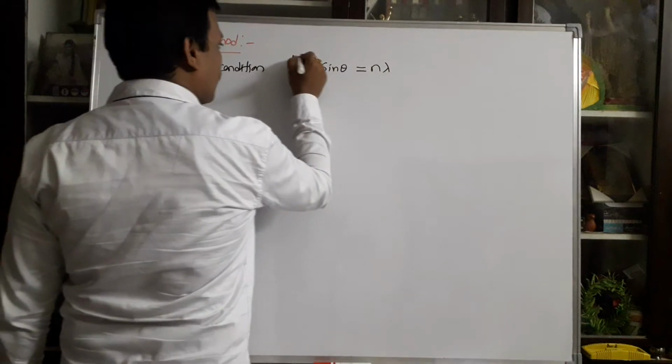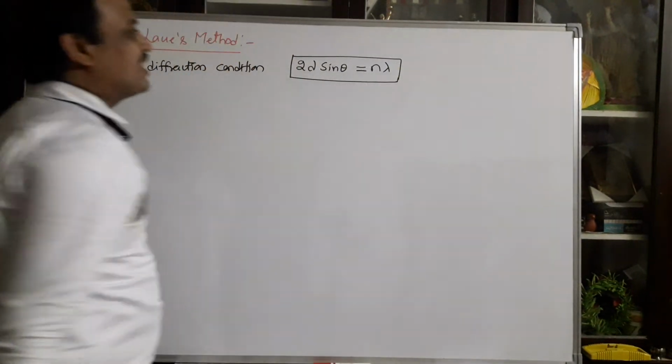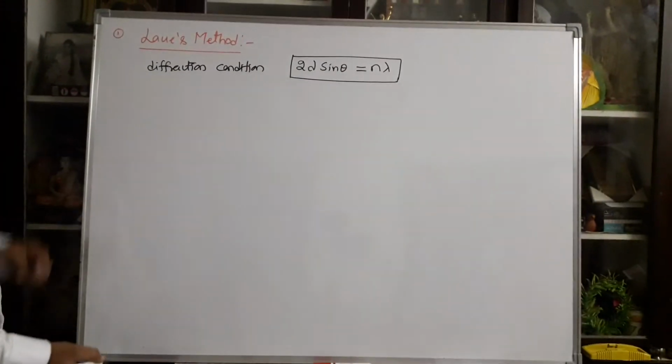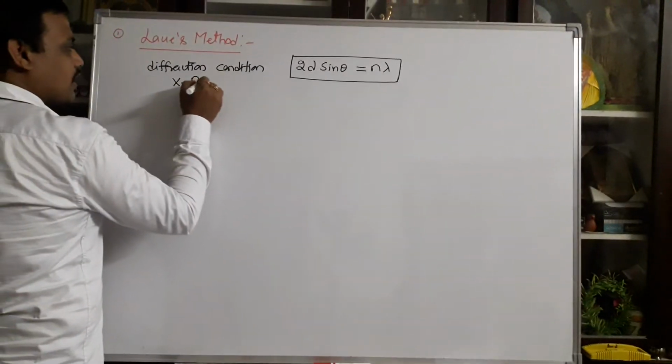Based on this diffraction condition, we can determine the structure of the given crystal. So, for the arrangement of the Laue method, according to this diffraction condition, you use rays, particularly X-rays.